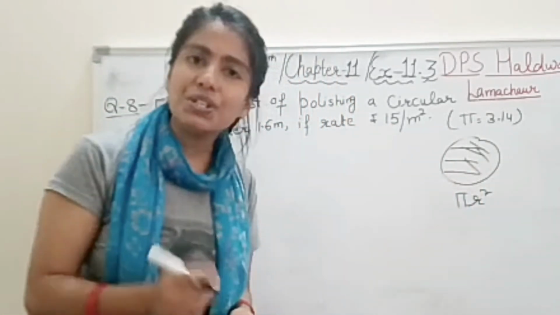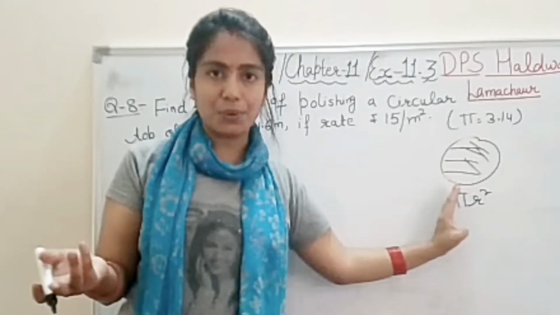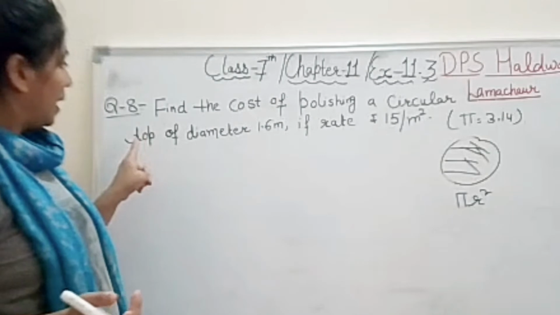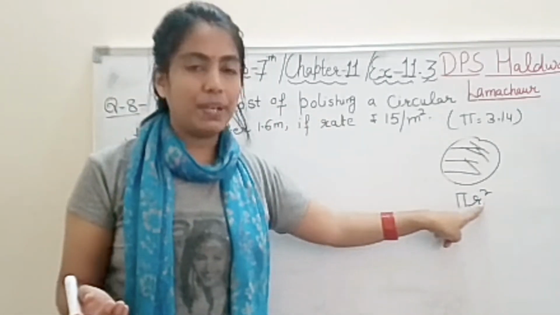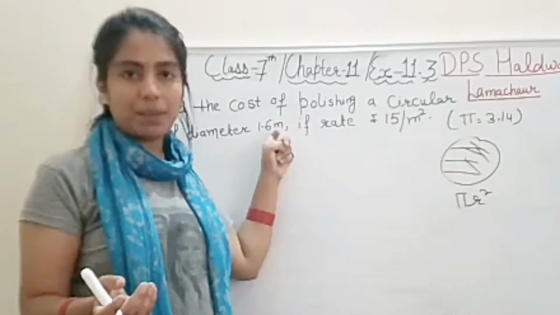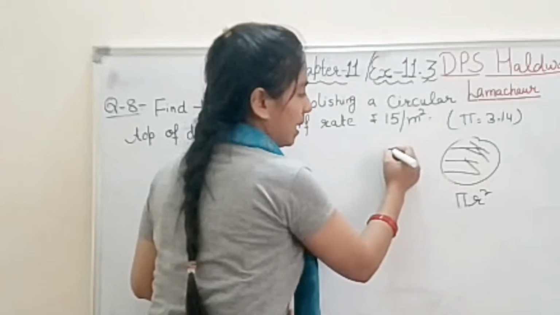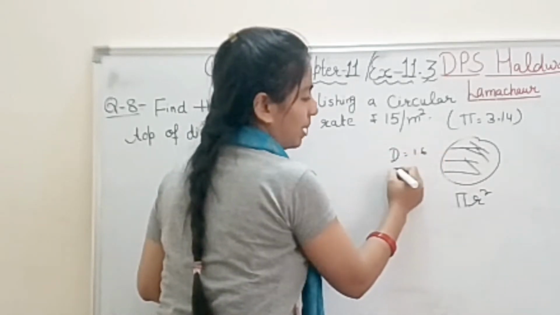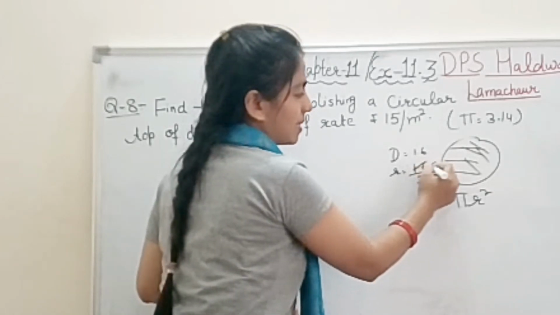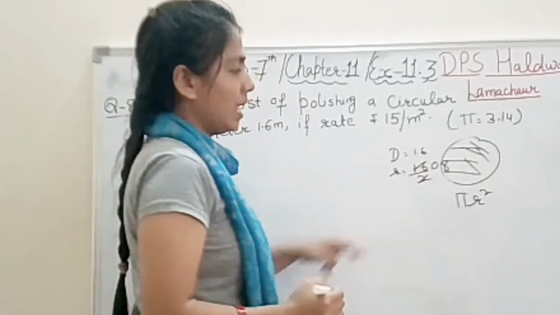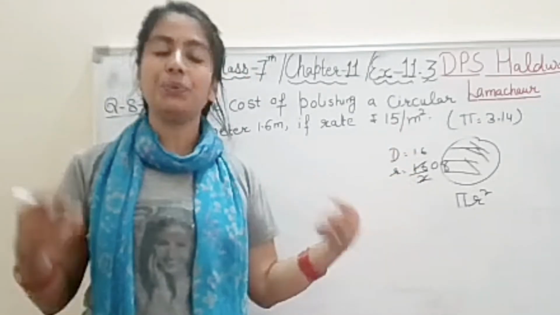Whenever you have the equation, understand it, frame a question, then start the solution, right? Next is a diameter of 1.6 meter. It is pi r square, but instead of the radius you have the diameter. So you will easily find the radius because the diameter is 1.6, so the radius will be 1.6 by 2, right? 2 8s are 16, so 0.8 will be the radius, or 1.6 by 2, your choice.